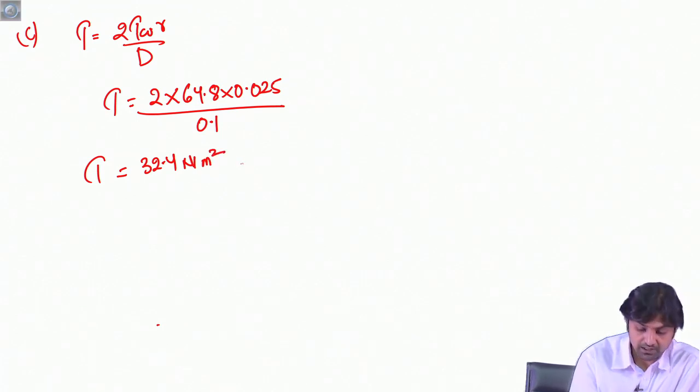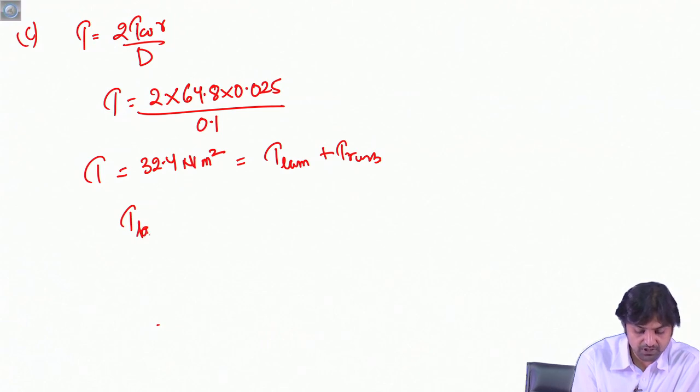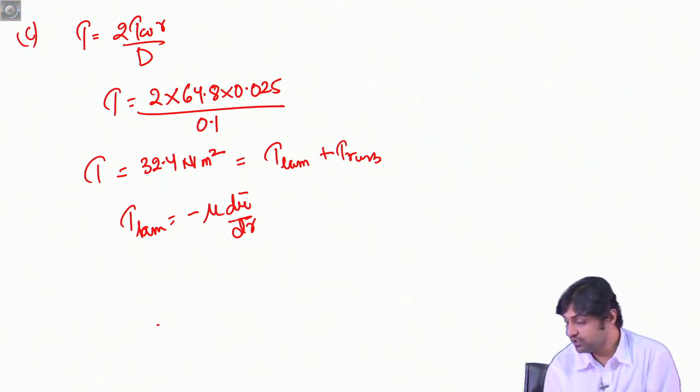This is the sum of both laminar plus turbulent. We also know that tau laminar is given as minus mu du bar by dr from the velocity profile law.